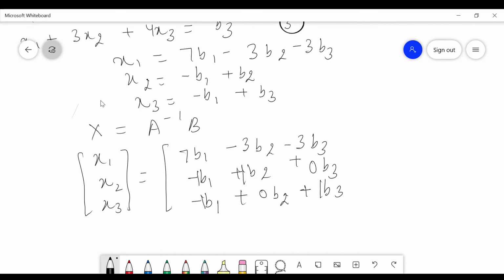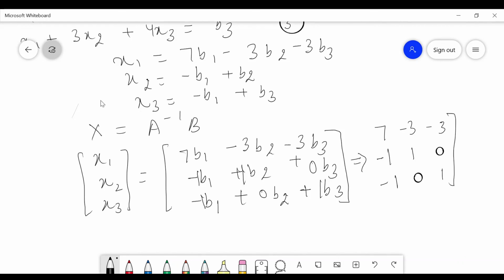So this way I will be able to derive my matrix, or I can write it in this form also: 7 minus 3 minus 3, minus 1 1 0, minus 1 0 and 1.